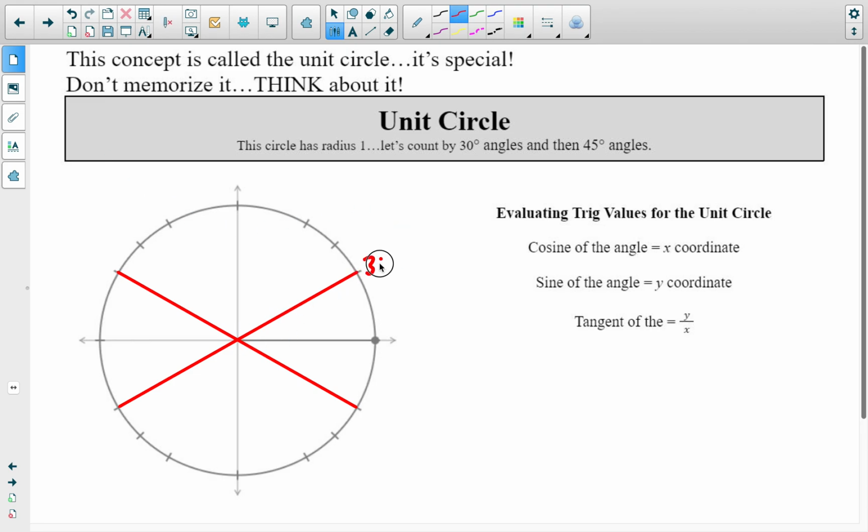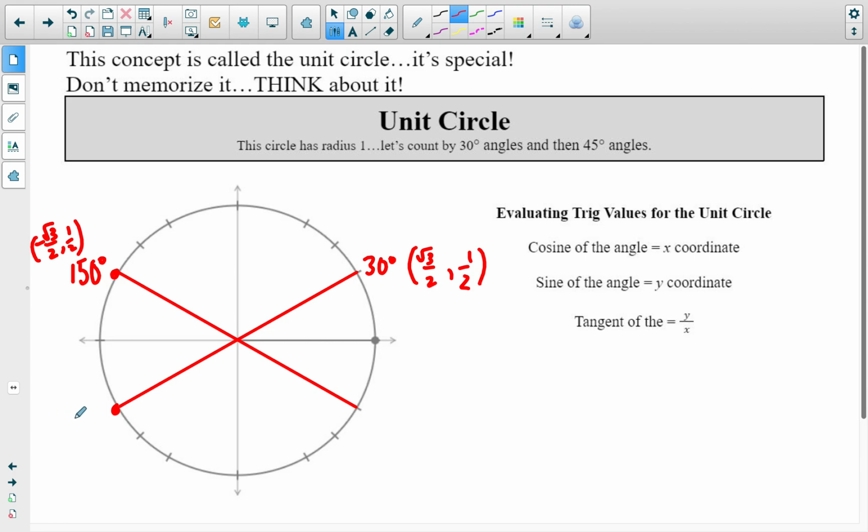This is 30 degrees, and its x, y coordinates are square root of 3 over 2, comma 1/2. This over here, so 30, 60, 90, 120, 150. And its coordinates are negative square root of 3 over 2, comma 1/2.